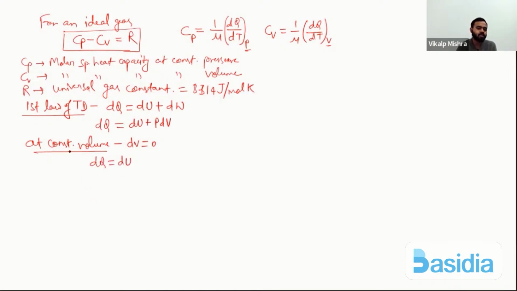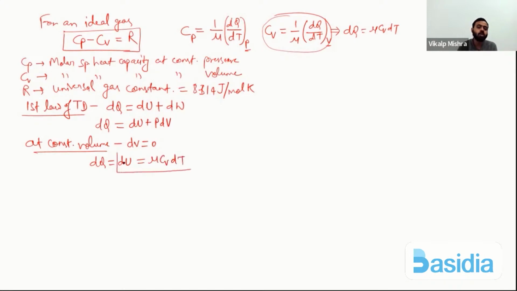So this is a constant volume process, and we know at constant volume we can write dQ equal to mu Cv dT. So we can say dQ equal to dU equal to mu Cv dT.